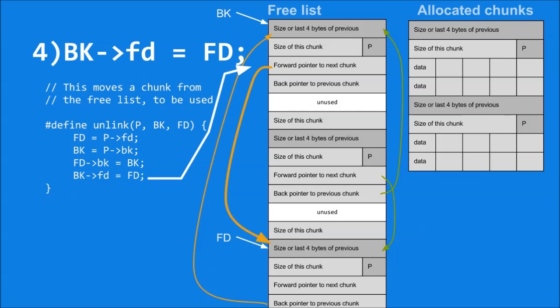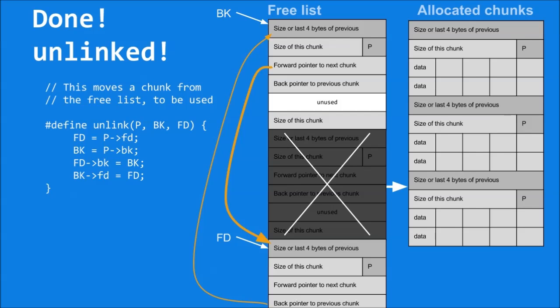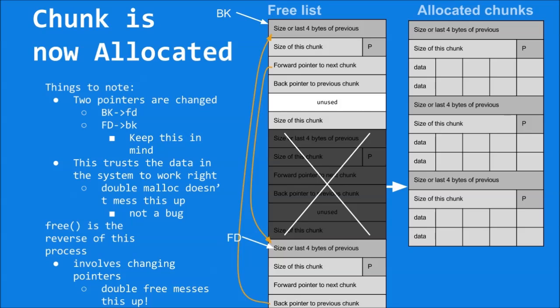Make sense? All right. And accordingly, the previous chunk's forward pointer is set to be the next chunk for the current one. And thus it is completely unlinked. And so it's done, it can now be allocated, and it can be used.